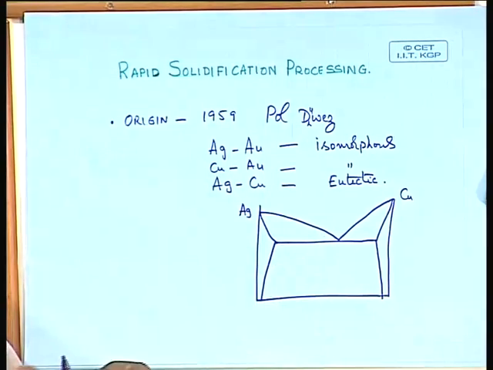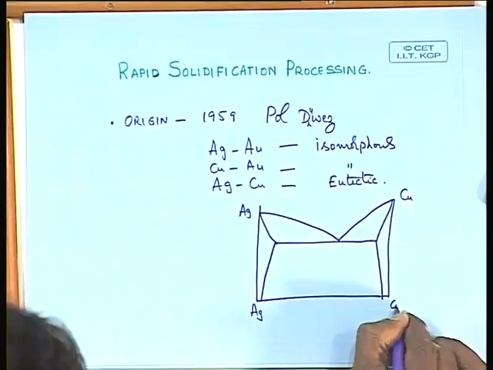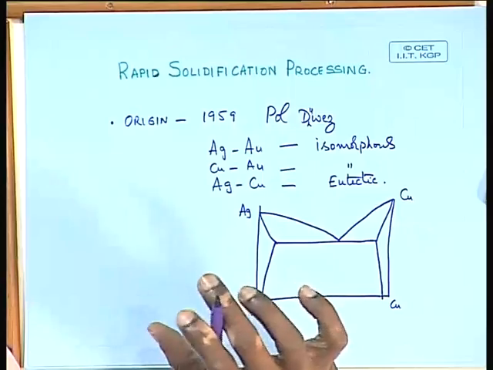So if you look at the phase diagram, the solubility of silver in copper at room temperature is approximately about 10%. This is silver on this side and copper on this side. Similarly, copper in silver is also almost the same, 9%, 10%.